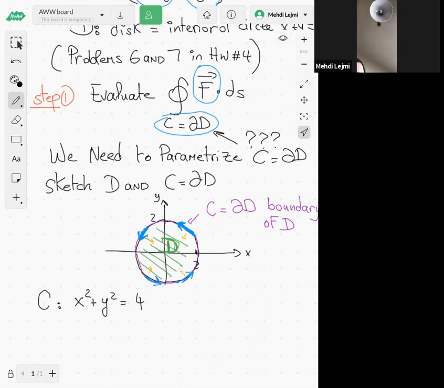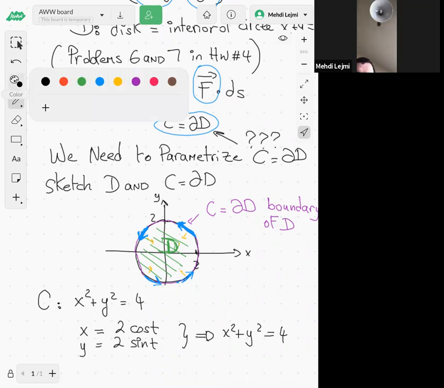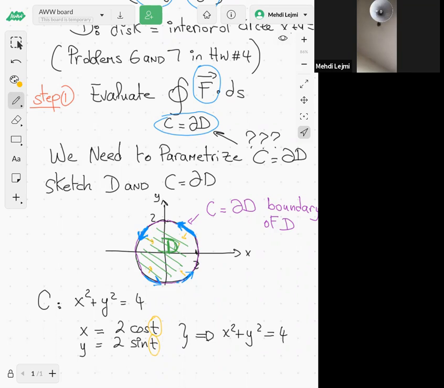Say x is 2 cosine of t and y is 2 sine of t. Then x squared plus y squared would be equal to 4. So this is a parameterization of the circle. Why is it a parameterization? Because we introduced this parameter t.